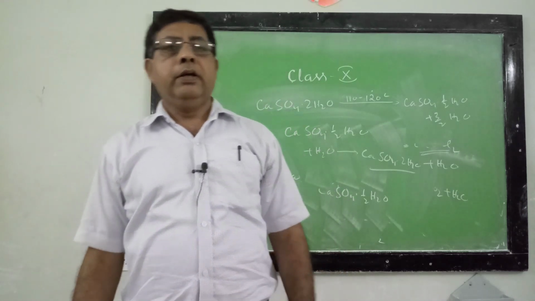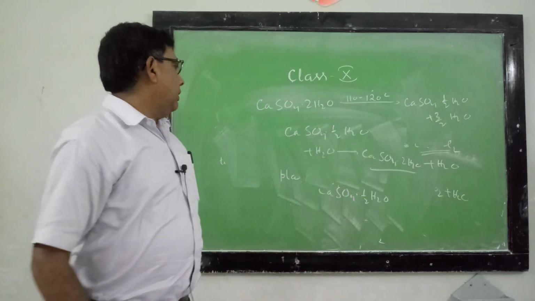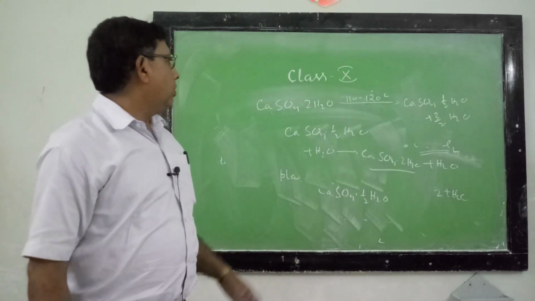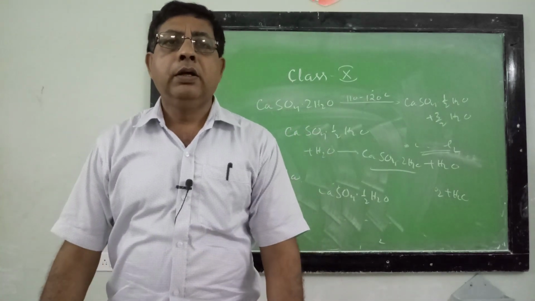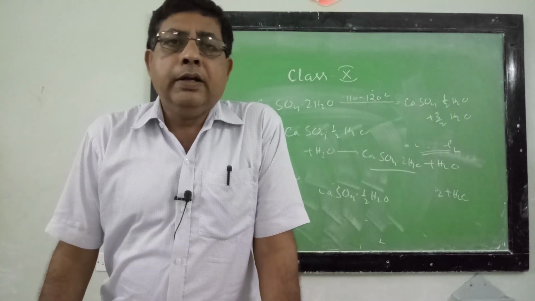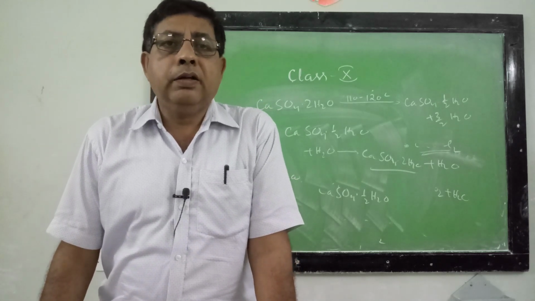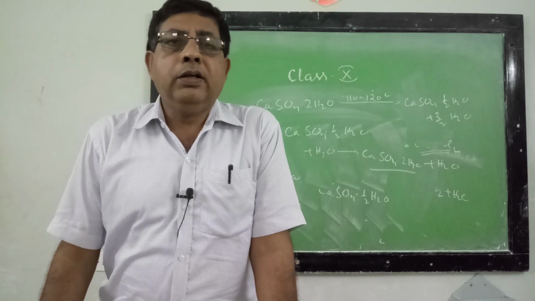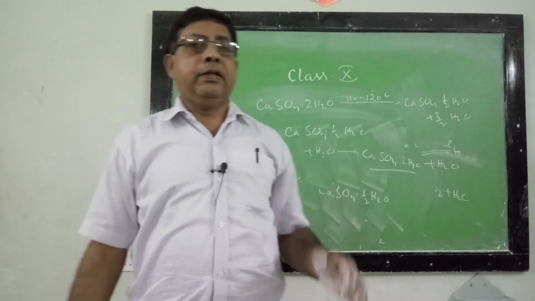For this reason, it is used in the preparation of statues or models or in plaster for broken bones. So these are some uses of important salts: washing soda, baking soda, bleaching powder, plaster of Paris and sodium chloride. You must remember their preparation and two or three uses. This is in your chapter on acids, bases and salts.